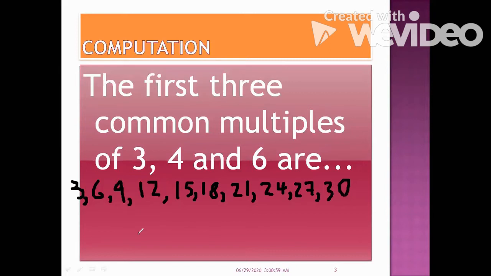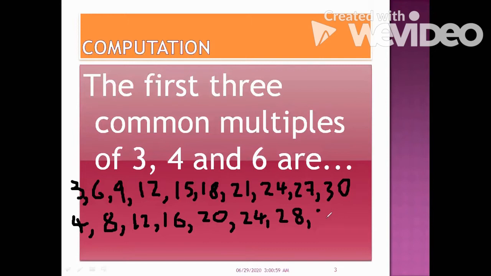Multiples of 4: you keep on adding 4. And then you find out the multiples of 6, keep on adding 6.